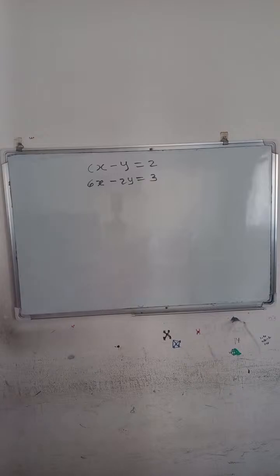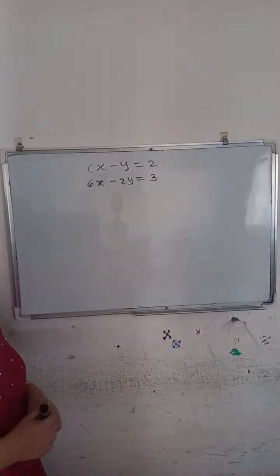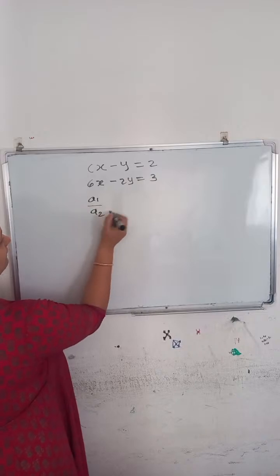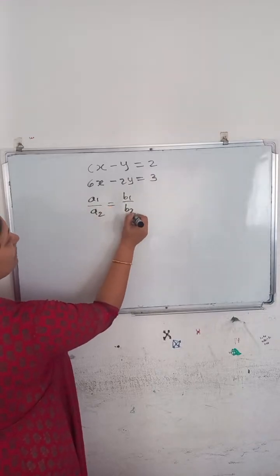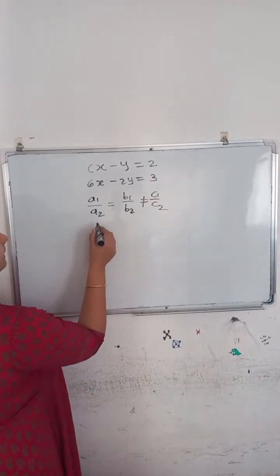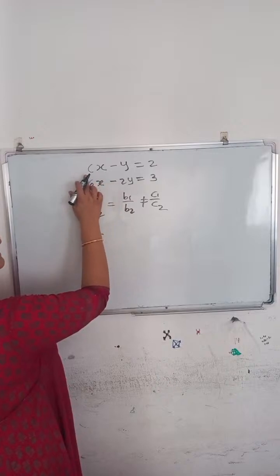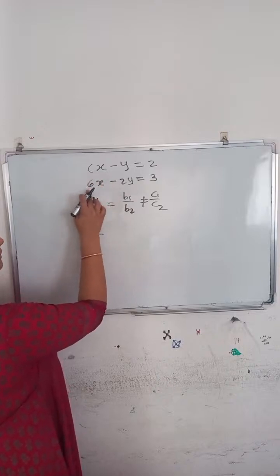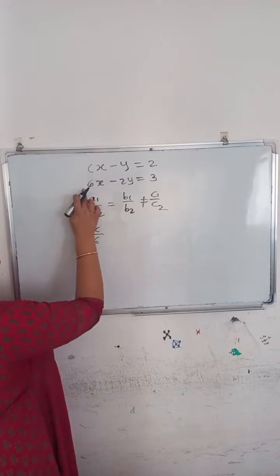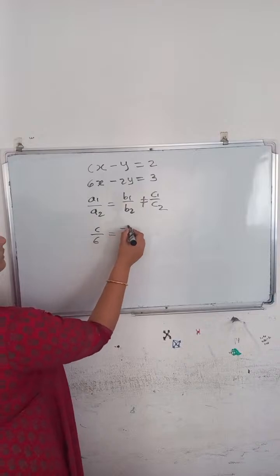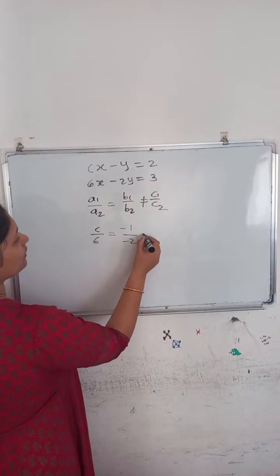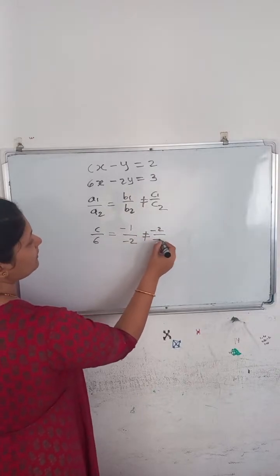Okay, they are saying no solution. No solution means they are parallel lines. And for parallel lines, we have the condition a1 by a2 is equal to b1 by b2 is not equal to c1 by c2. So here the coefficient of x is c, and here the coefficient of x is 6. So a1 is the coefficient of x, a2 is the coefficient of this x. b1 is minus 1, and this is minus 2, which is not equal to minus 2 by minus 3.